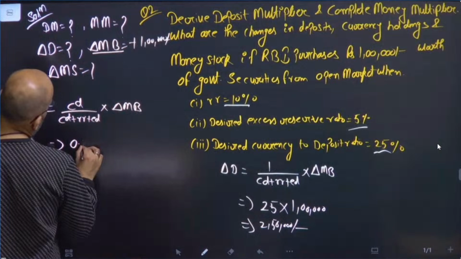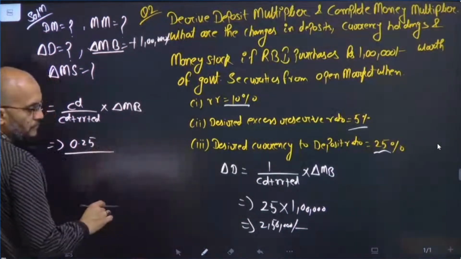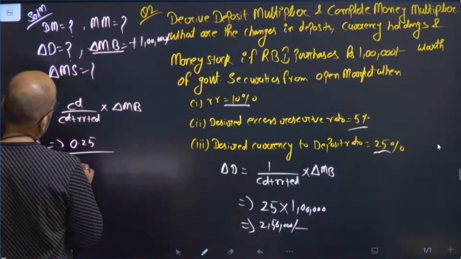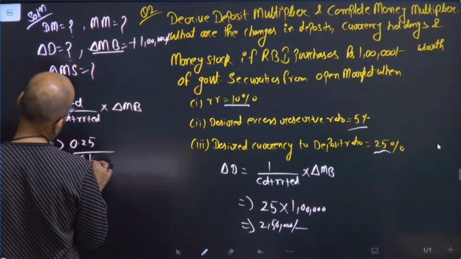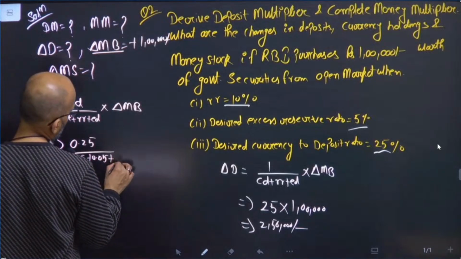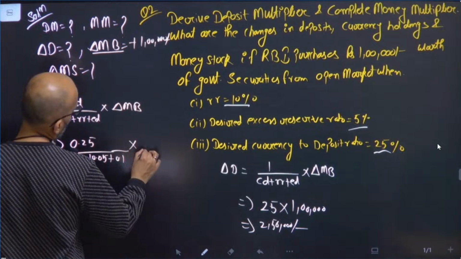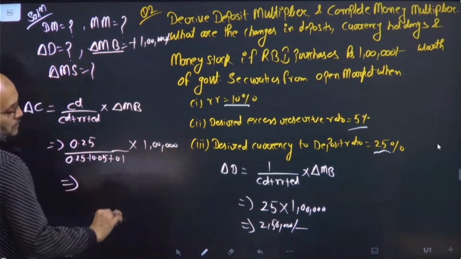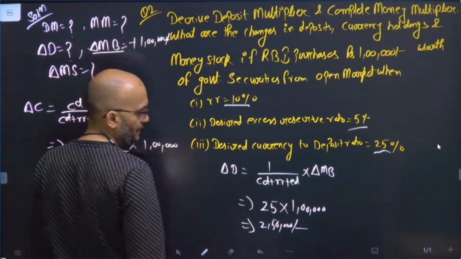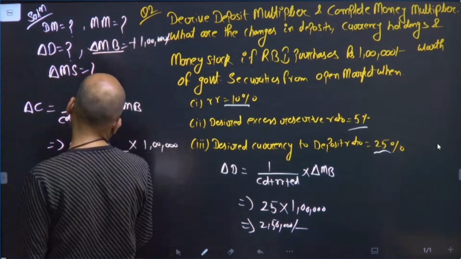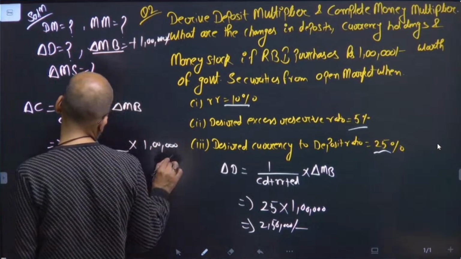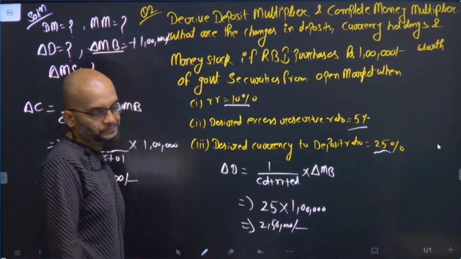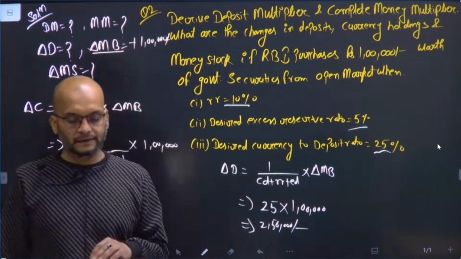That is 0.25 upon 0.25 plus 0.05 plus 0.1 into 1 lakh. On solving, you will get it as 62,500. Noted.